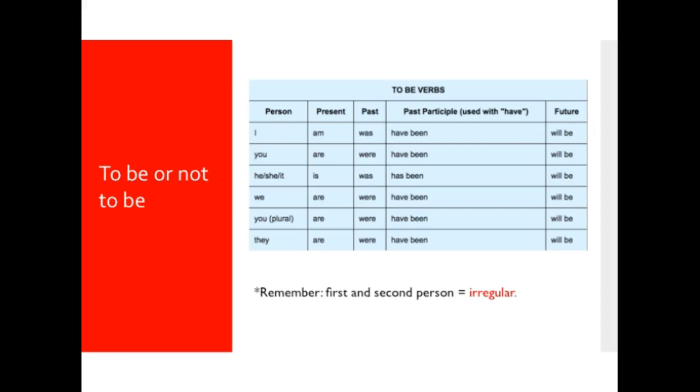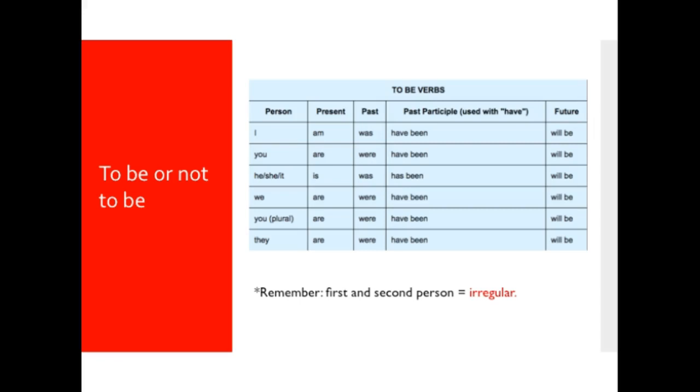And then alternatively, we have third person singular pronouns, he, she, it, use singular to-be verbs throughout. So is, was, has been. And then our plural pronouns do not have an exception. They use plural to-be verbs.